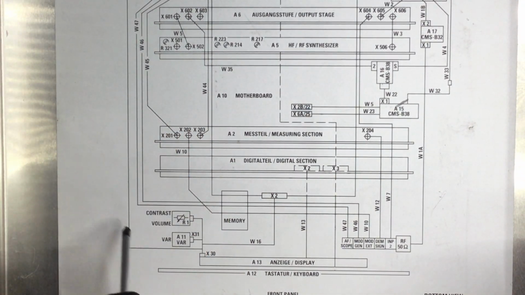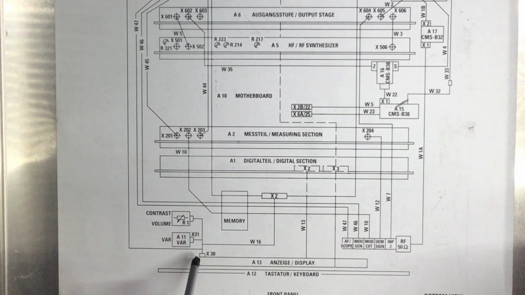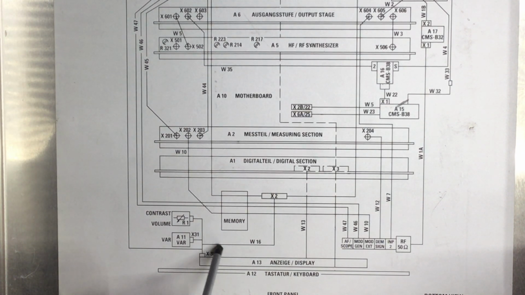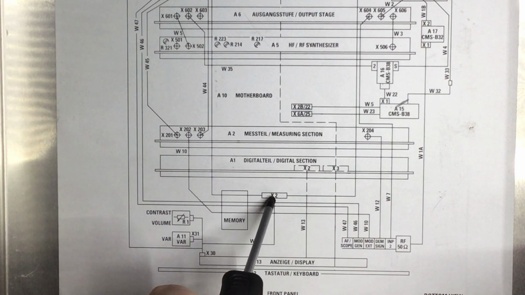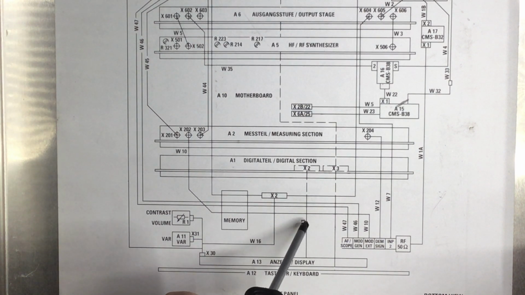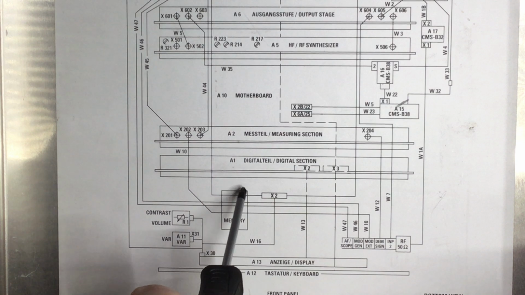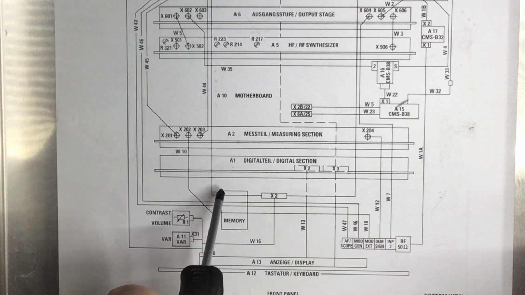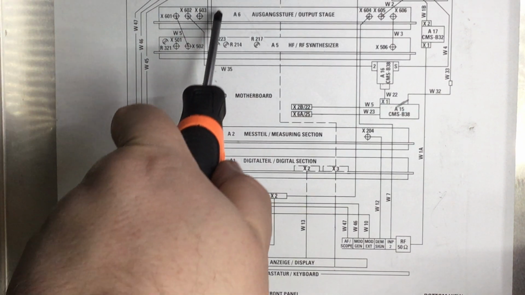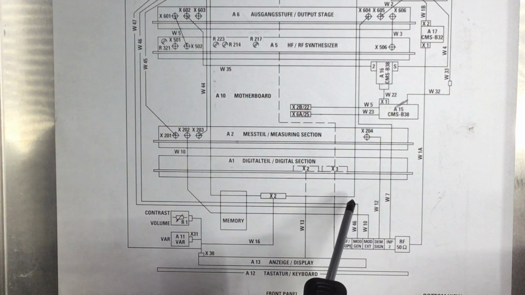There's a speaker up there. Looks like it's on some kind of data bus, because we've got this ribbon cable here, X2, that goes onto the motherboard, and the motherboard is signified by this square here.